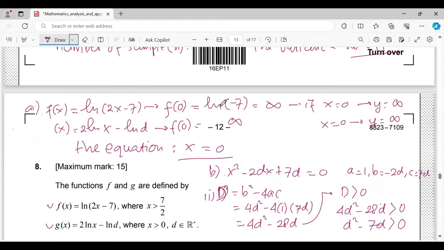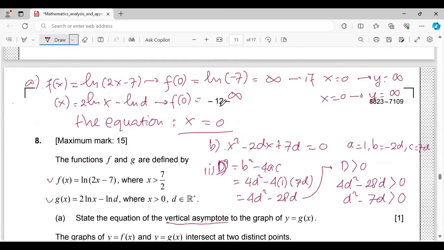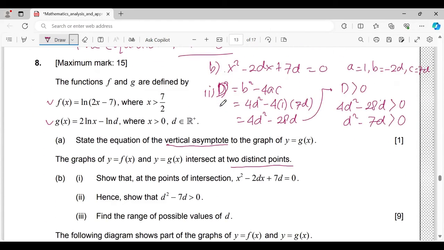Part 1 first. Show that the points of intersection satisfy the equation. This part 1 is f(x) equals g(x). So it means ln(2x minus 7) equals ln x minus ln d.